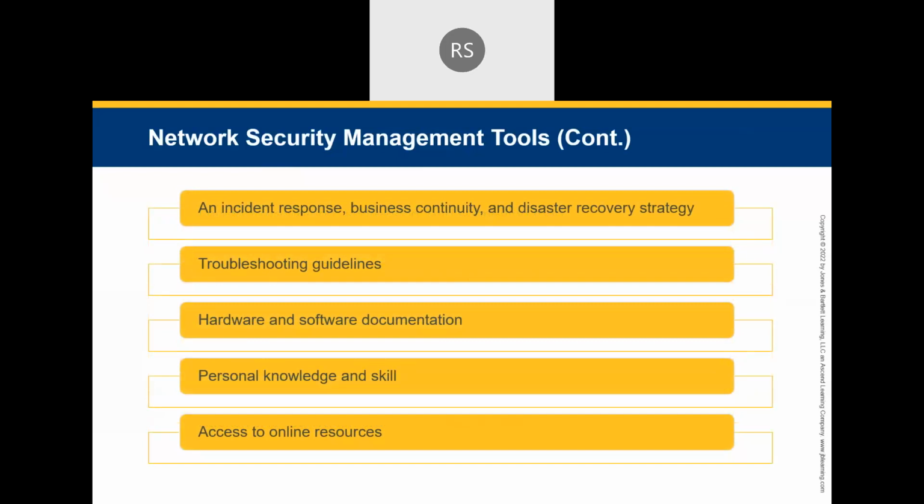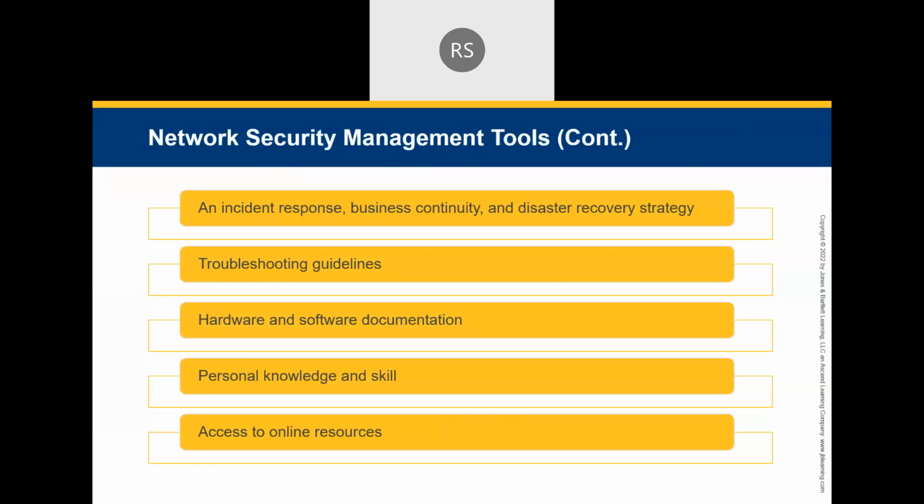Another management tool will be to establish troubleshooting guidelines and procedures. This is used to systematically diagnose and resolve network security issues. You want to maintain up-to-date documentation for all your hardware and software components that are deployed within your network. In this documentation, you want to include the specifications, configurations, any maintenance records.